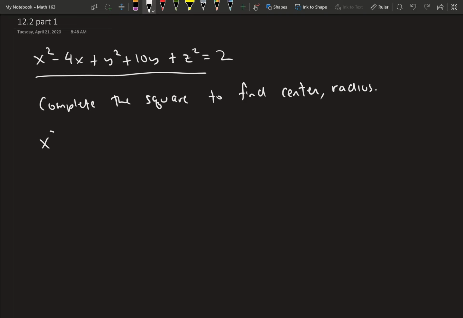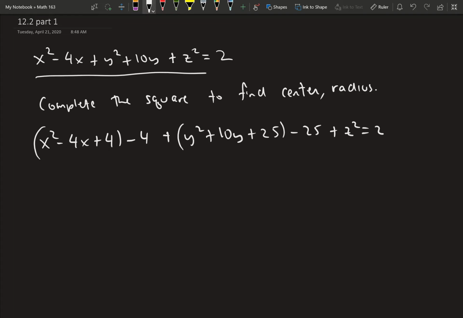So what do we get? We get x squared minus 4x plus 4 minus 4. And then in y we have 10y plus 25 minus 25 plus z squared is equal to 2.